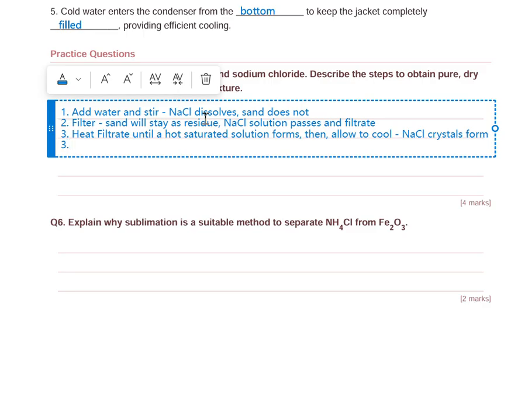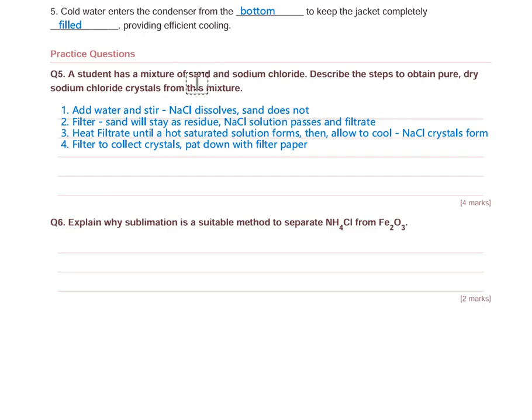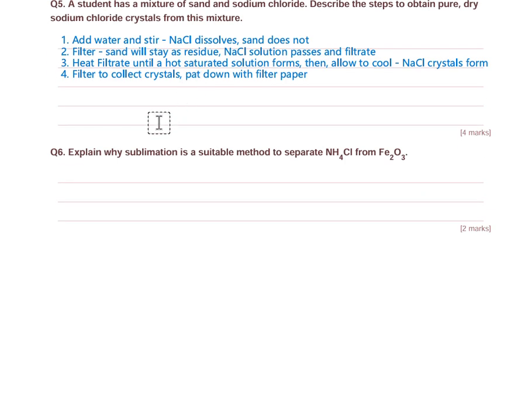The fourth step is to always remember to filter to collect the crystals. I learned from practical that you must pat them dry with filter paper. I think you'll learn more when you're doing practical, but this is the rough sense of how it's going to go.